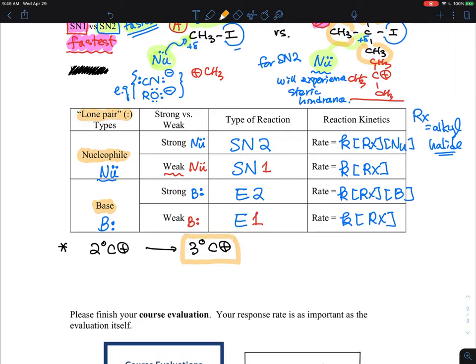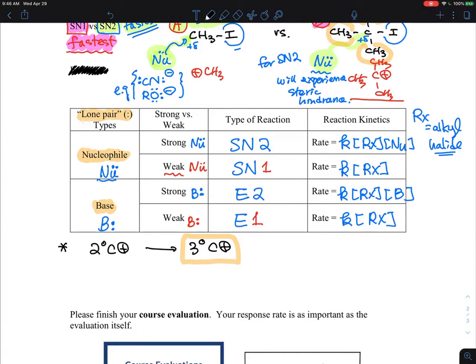All of a sudden you are making a bond in a different location, because once they develop the carbocation, let's say based on the SN1 reaction mechanism, the methyl or hydride is trying to shift around to develop a more stable carbocation.